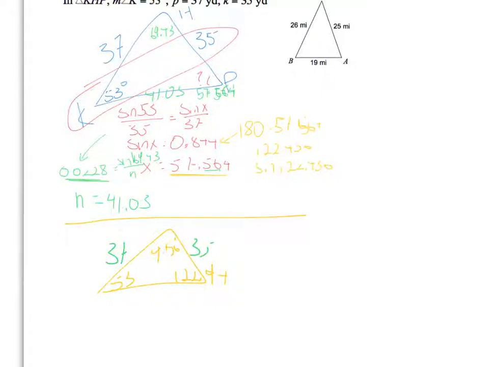But now, in finding this third value, I can do the same thing. So sine 53 over 35 is equal to sine of 4.56 over some unknown value h.